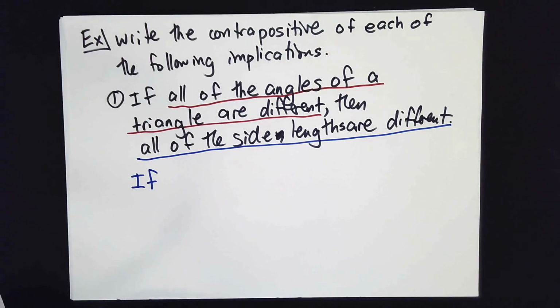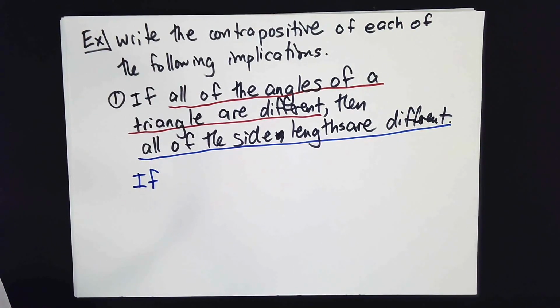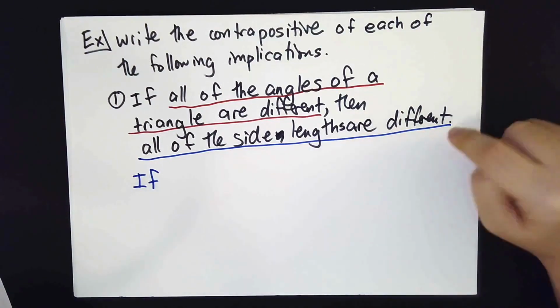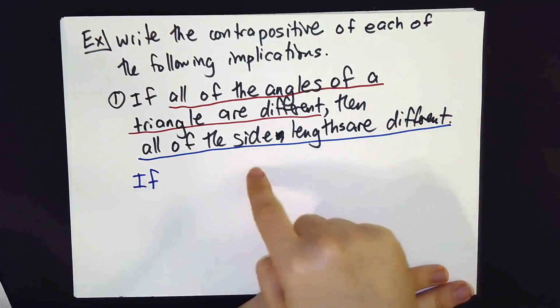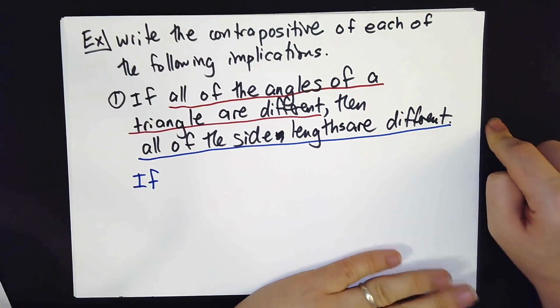And here's where it's important to remind you that the negation of a statement isn't the opposite, in whatever sense that means. In fact, opposite would be one of those things that's not really super precisely defined. But the negation is super precisely defined. Namely, the negation of all of the side lengths are different is the statement that the statement all of the side lengths are different is false.